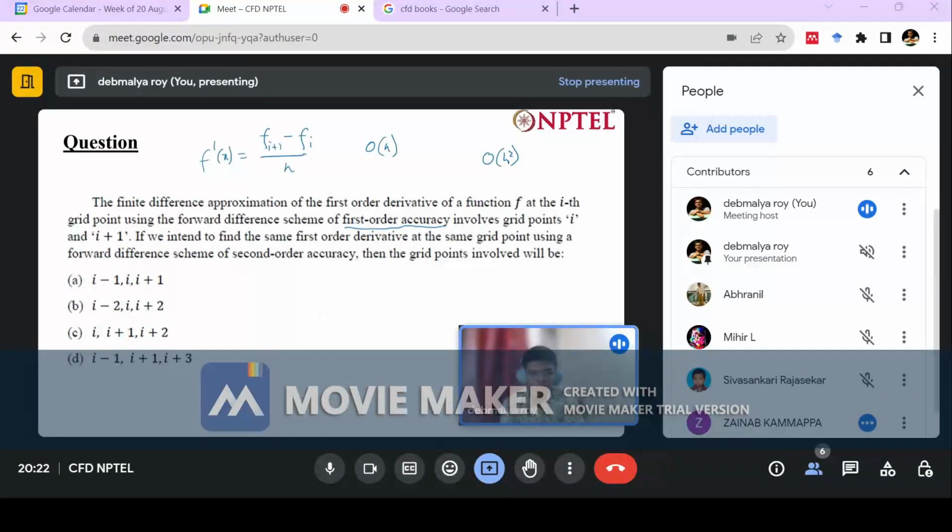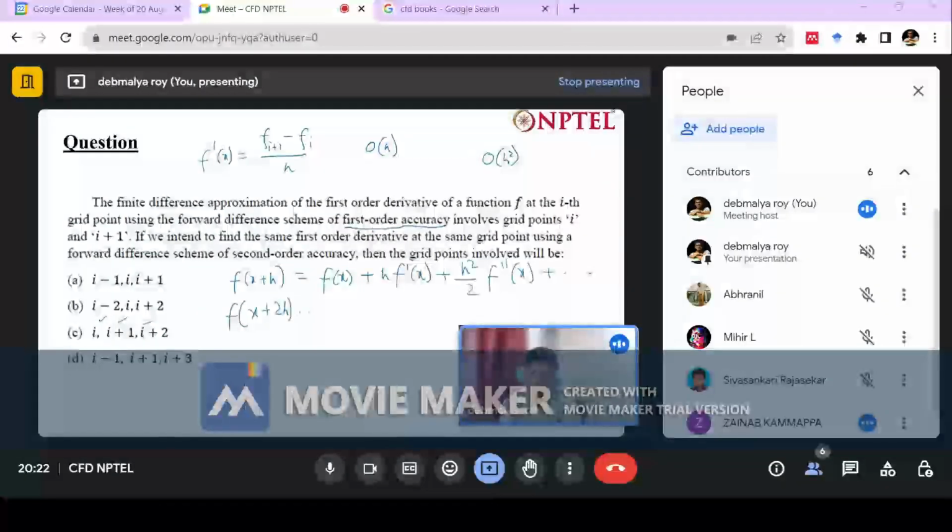So here basically we will be using the next points. We will use i plus 1 and i plus 2. So how will we do that? This we already know: f dash x plus h square by 2 f double dash x and so on. If I use the next point, what will be the Taylor series expansion?